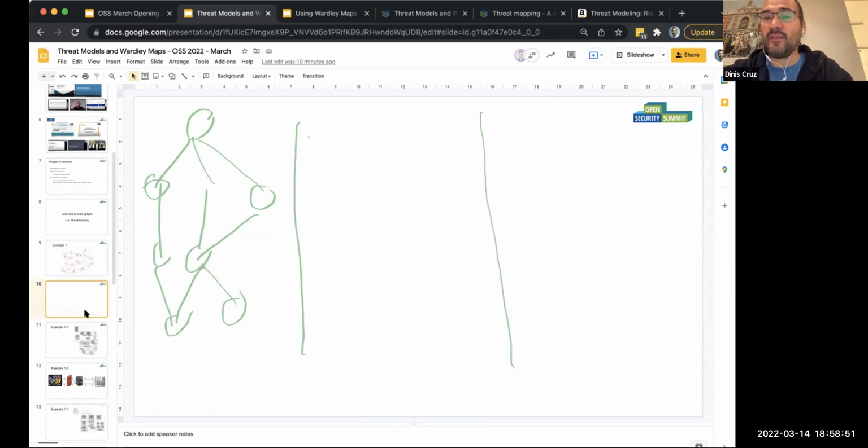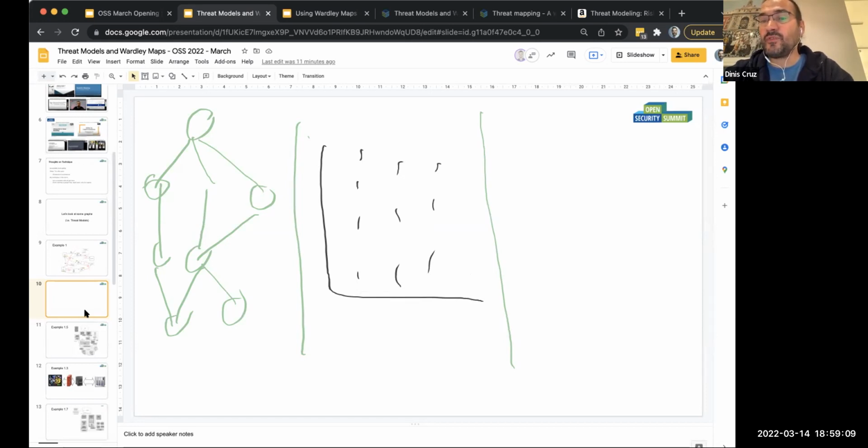Where the space matters, the way you look at this is that if I create Wardley maps from the original threat model, which allows me to define, for example, risk components.